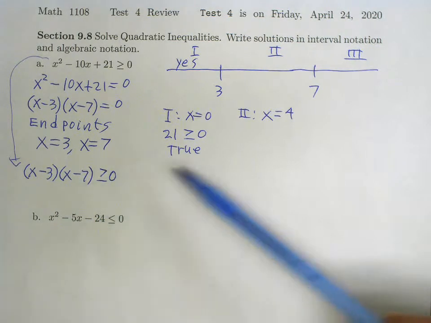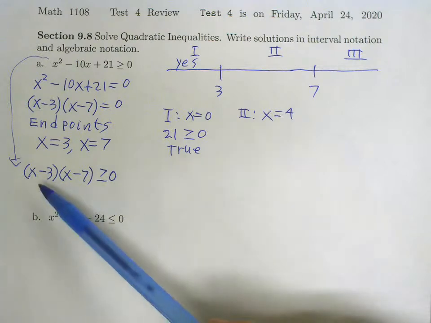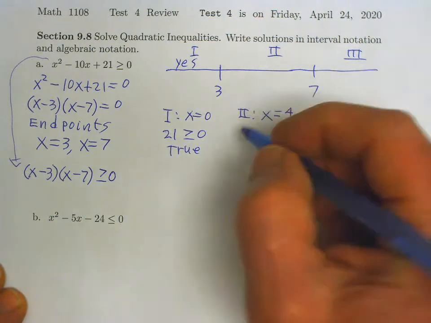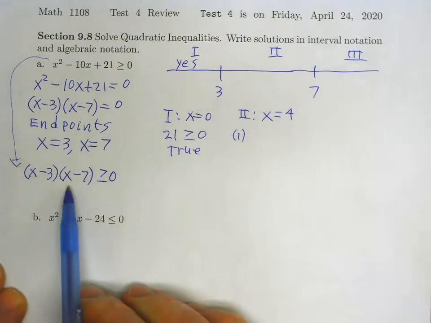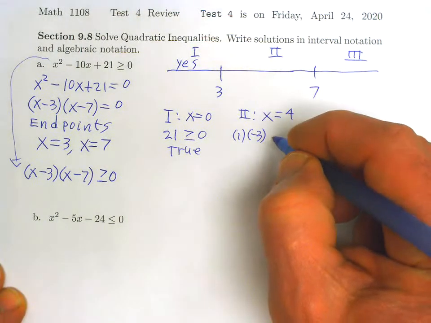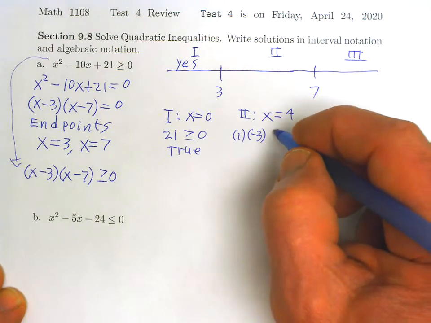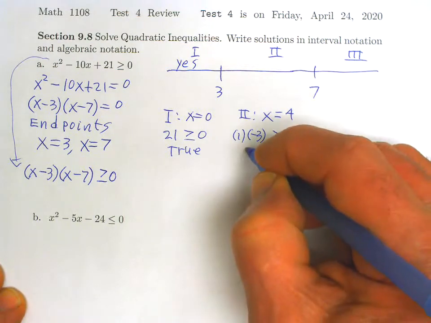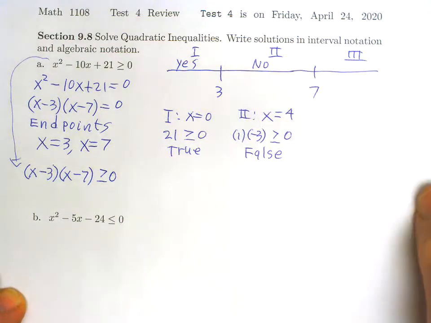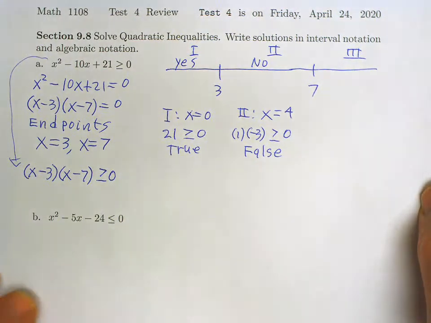in the inequality. So if you replace x with 4, this factor, 4 minus 3, is 1. The other factor, 4 minus 7, is negative 3. And this is a negative number, but a negative number greater than or equal to 0 is false. So that means none of the numbers from 3 to 7 are solutions.